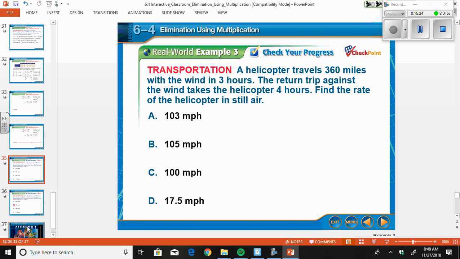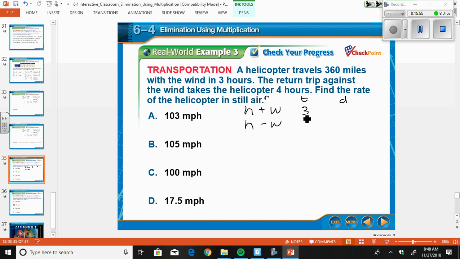Okay? So a helicopter travels 360 miles with the wind in 3 hours. So a helicopter with the wind, and a helicopter, I'm going to assume minus the wind. Okay, and that was our rate, time, and our distance. The helicopter travels 360 miles in 3 hours.